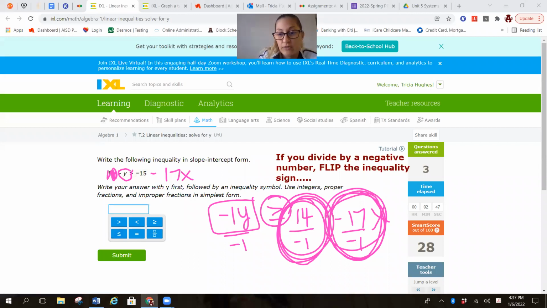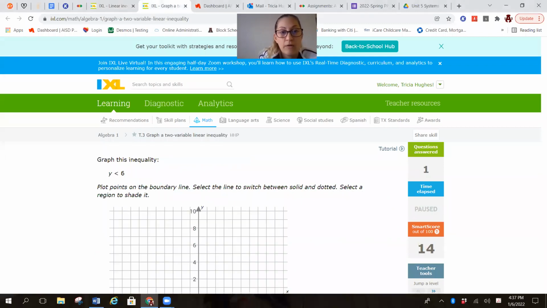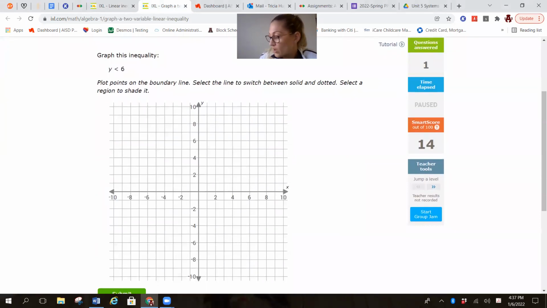Okay, so that is how you're going to do T2. Now, when you click T3, it wants you to practice graphing like we just did in our notes. So notice as soon as I get on the screen here, it has a dot. So I need to go to the y-axis right here.